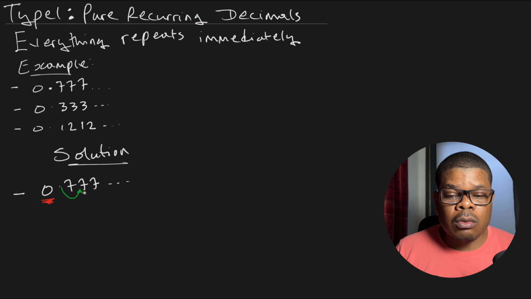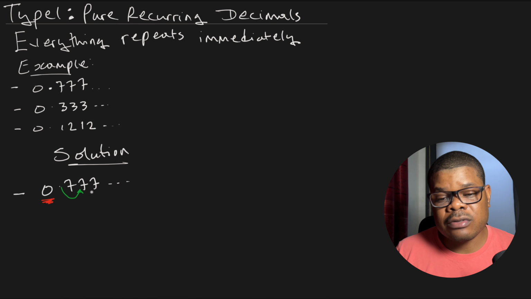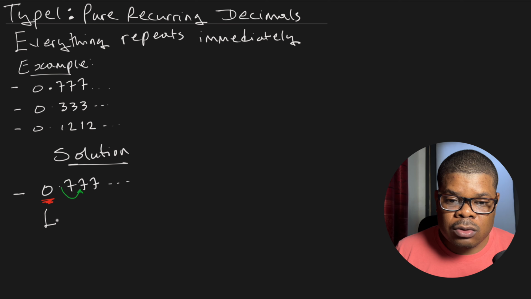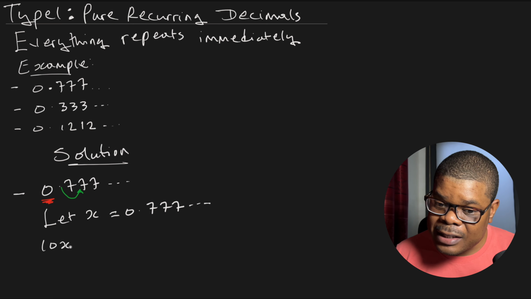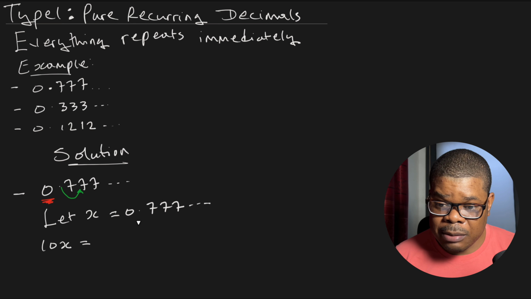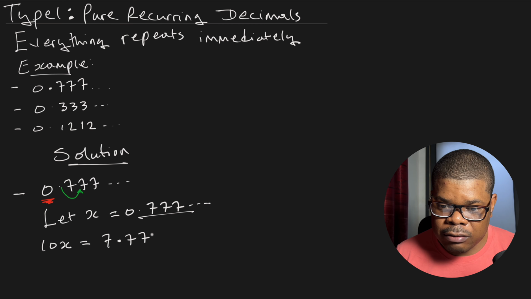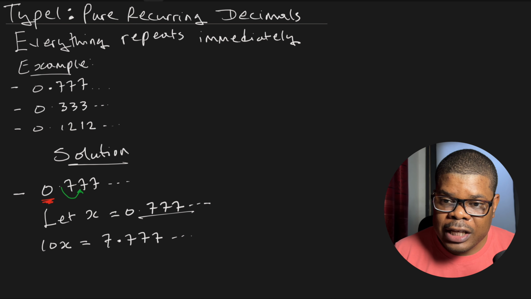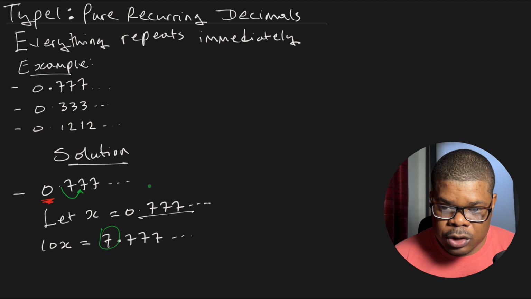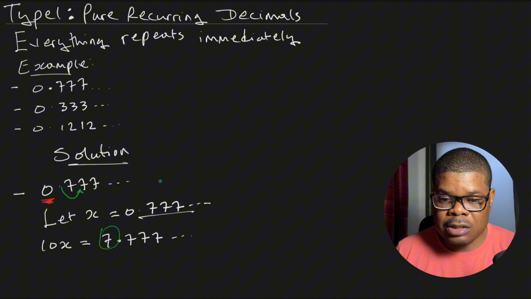But before we do that, we say let x be equal to 0.777... So then 10x will be equal to 7.777... So we have succeeded in bringing a whole number here, which is what we wanted.